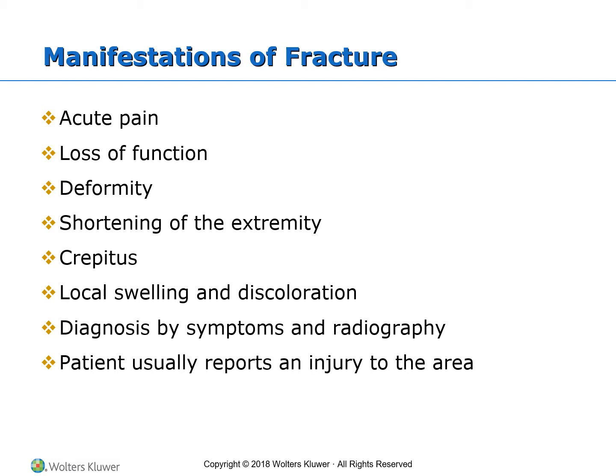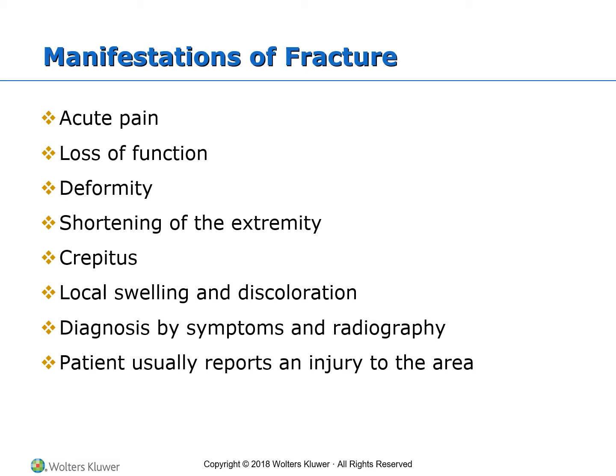As far as how the patient will present, they'll have continuous pain in the area that was injured, and then the immediate area can become numb. You can have muscle spasms in the surrounding tissue, which can increase pain. If it is a long bone that's fractured, you'll actually see shortening of the extremity. So if your right leg bone was fractured, then you'll see a noticeable difference in the right and left leg.